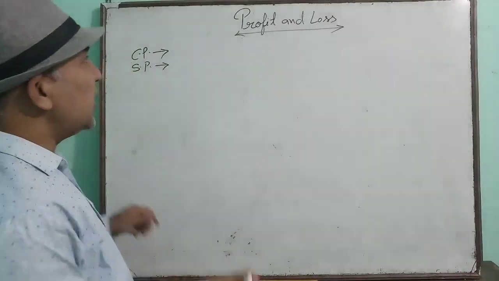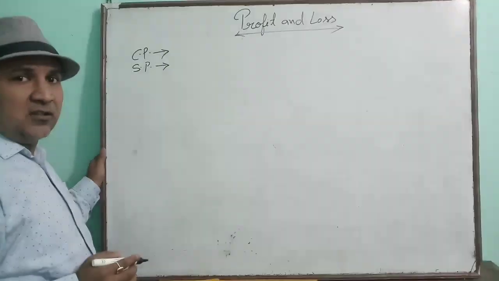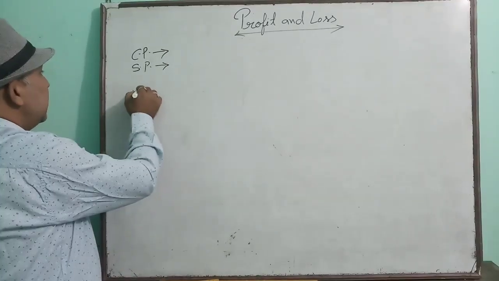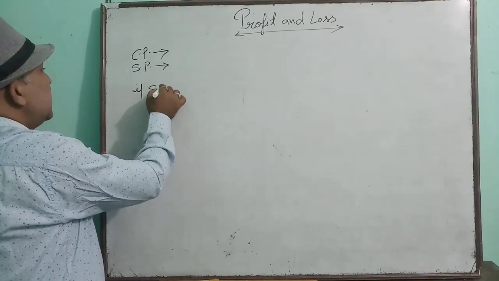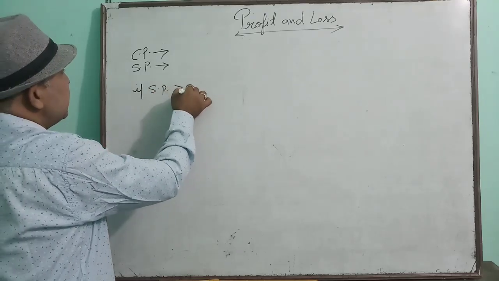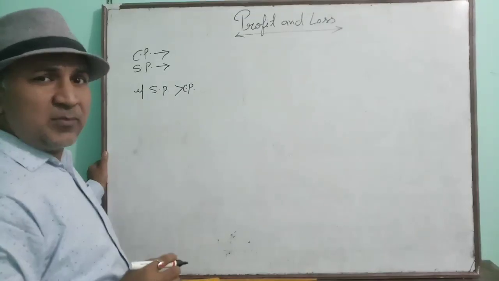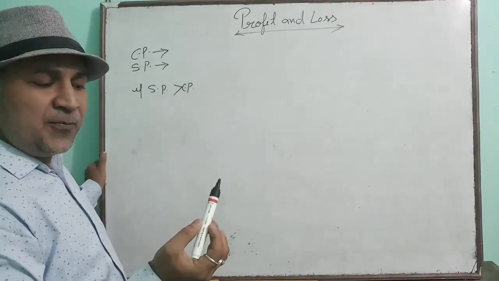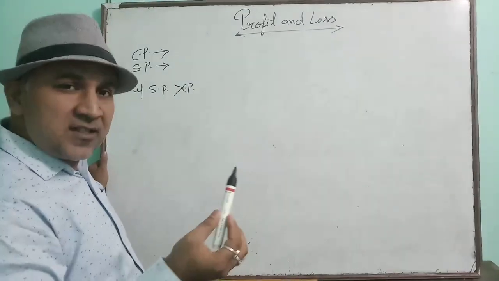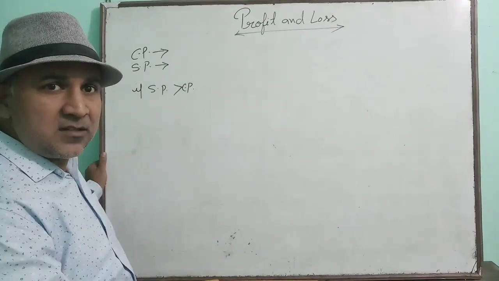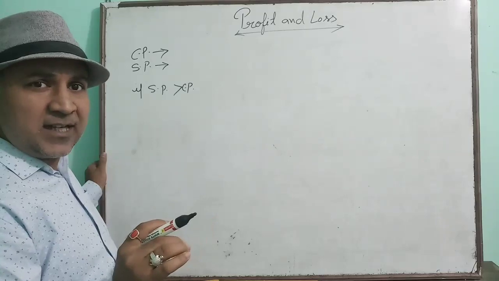Understood? Now what is the profit and what is the loss? Very simply you can think that if selling price is greater than cost price, then there will be the profit. If the marker pen is purchased in 10 rupees and sold in 15 rupees, then 5 rupees extra we will get.